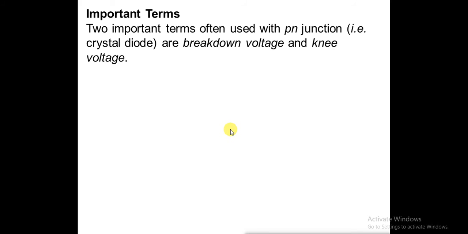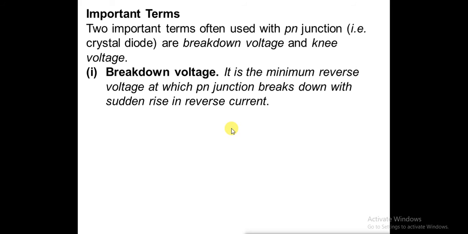Now we will discuss some of the important terms related to the PN junction diode, that is the crystal diode. First is the breakdown voltage. It is the minimum reverse voltage at which the PN junction breaks down with a sudden rise in the reverse current.